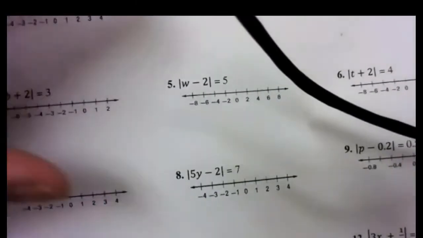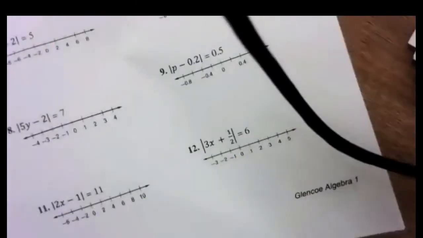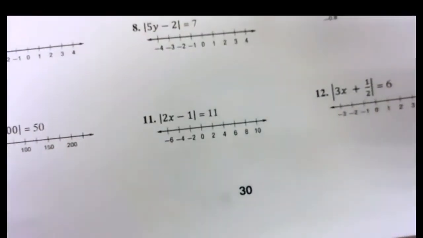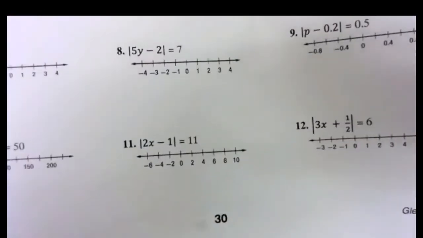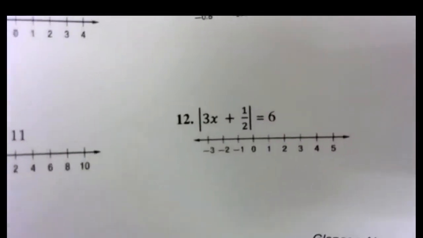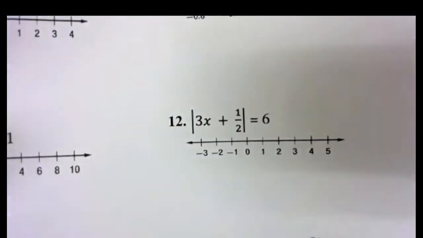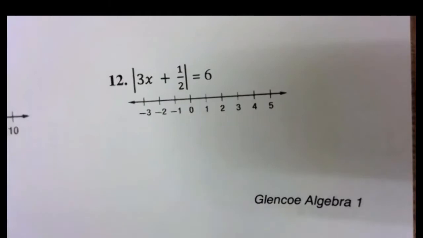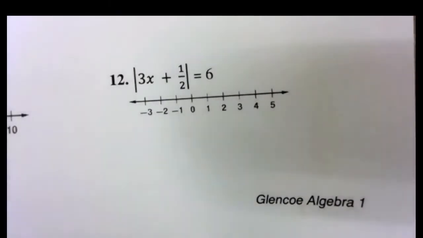Number 12. So you have the absolute value of 3x plus 1/2 equals 6.